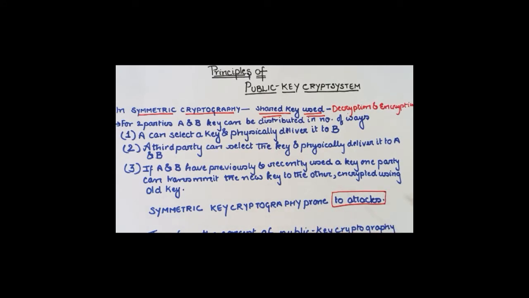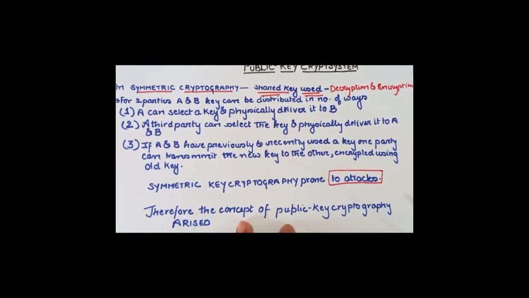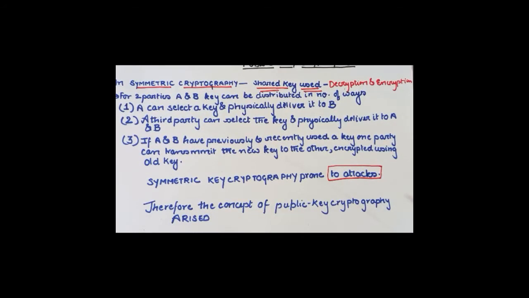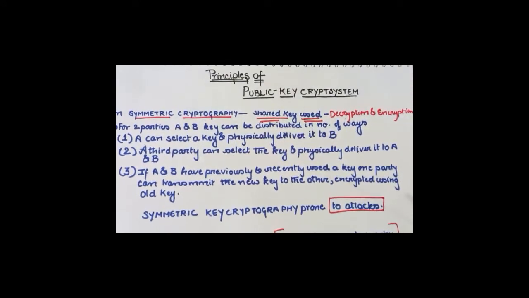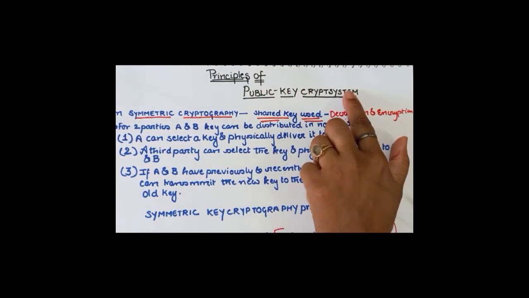Right? This makes it more insecure. And this insecurity, or this proneness to attack of symmetric key, gave rise to another concept called public key cryptography, and this is what we are going to discuss today, the principles of public key cryptography.